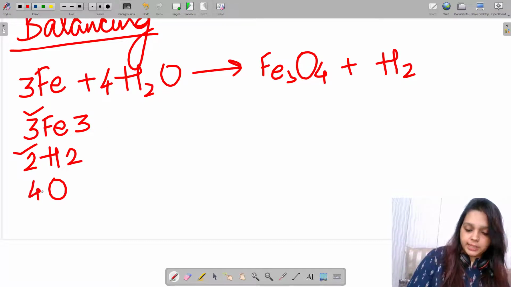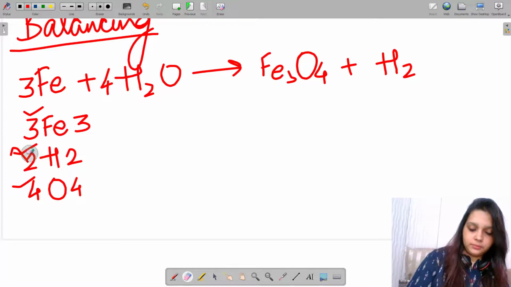Now since I have balanced my oxygen, my H2 got disturbed, right? So now my hydrogen on the left hand side is 8. So I need to make this 8, right? How am I going to do that? 4.